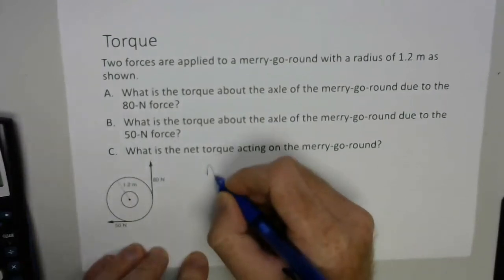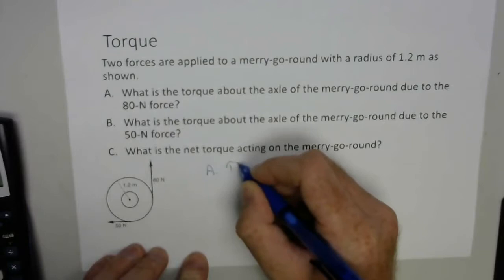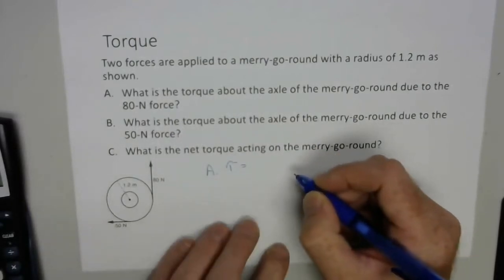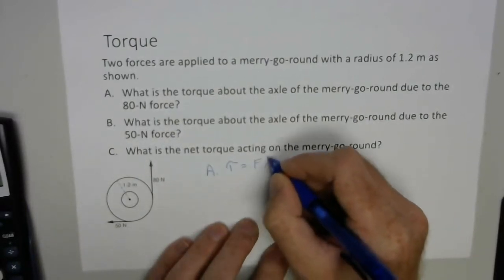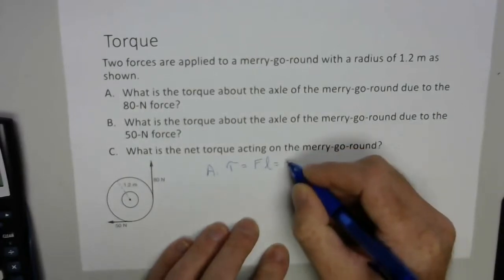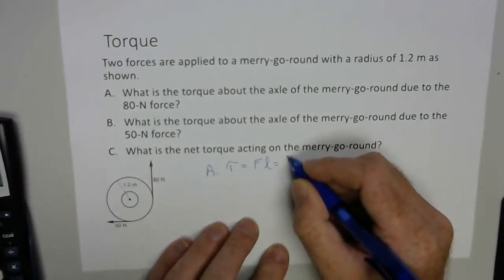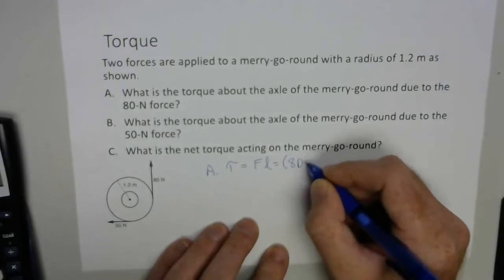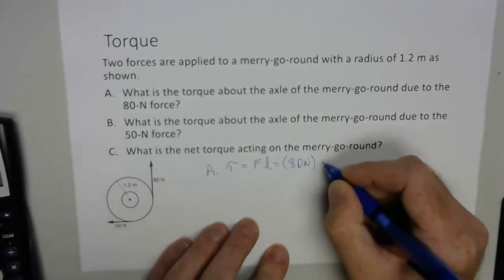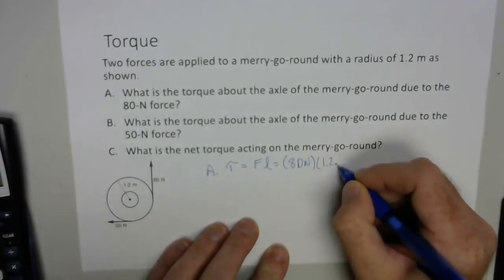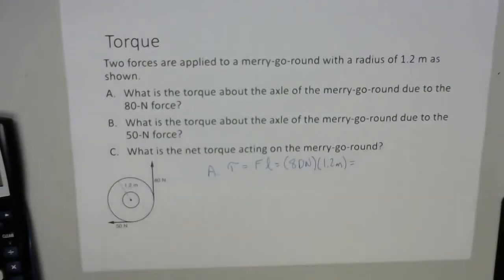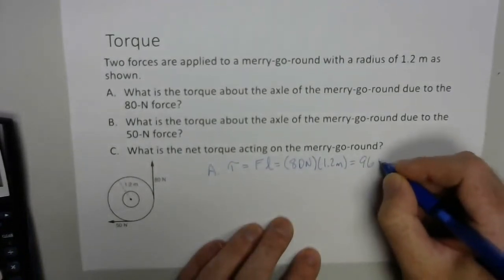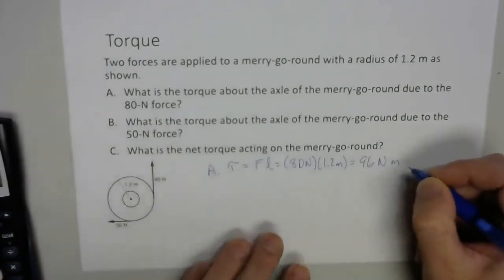So for A, the torque is equal to FL. So it's going to be an 80 Newton force applied at a distance of 1.2 meters, or 96 Newton meters.